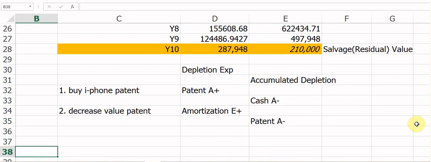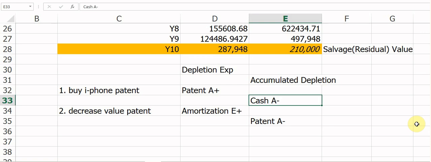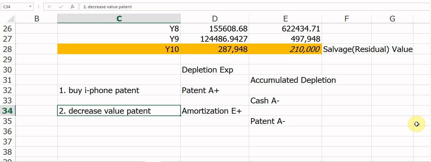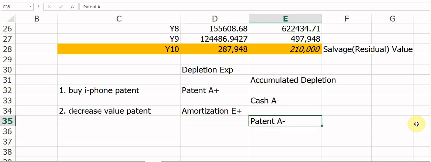So for my buying my iPhone patent, we'll debit patent and then credit cash. So that's us buying the patent from Apple. Okay. And then, so a patent is only good for so many years, maybe 10 years or 50 years. Okay. So every year I need to decrease the value of my patent. So I'll probably use a straight line method. Okay. And I'll do an amortization expense debit and then devalue my patent.